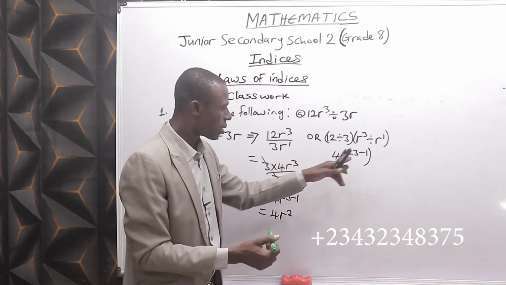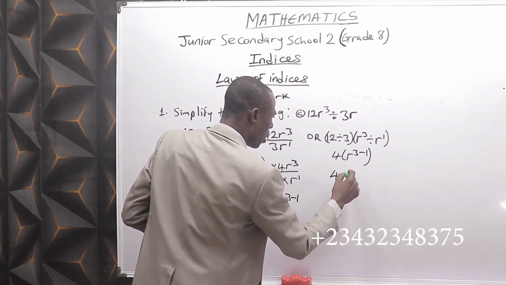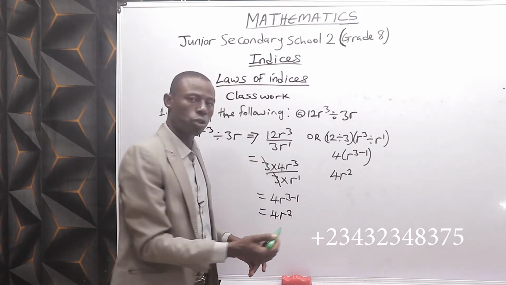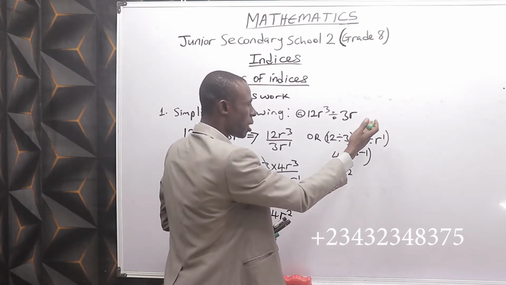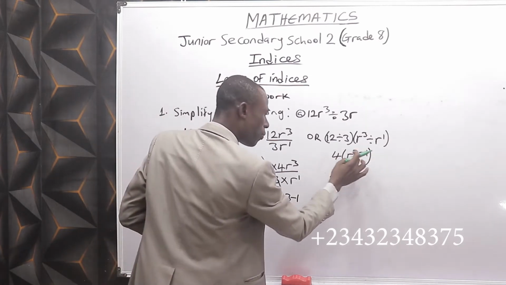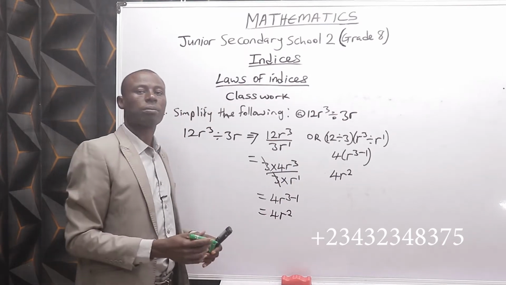We use subtracting the indices here. 4r raised to power 2. This division sign changes to subtraction in the exponential region to subtract the indices. Subtract this from this. So the answers are in harmony.